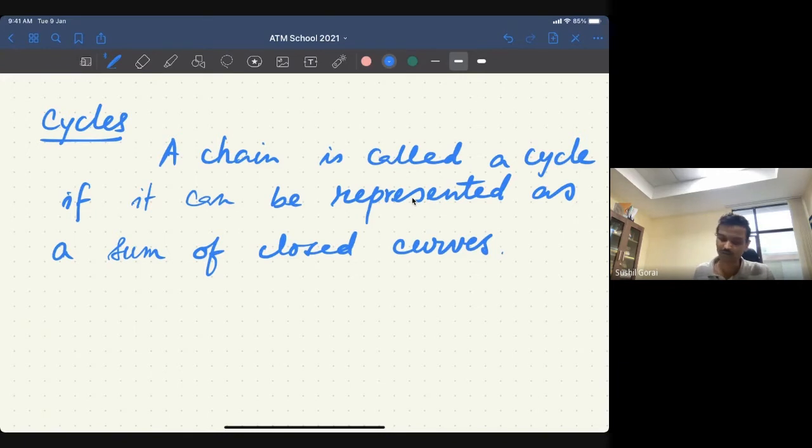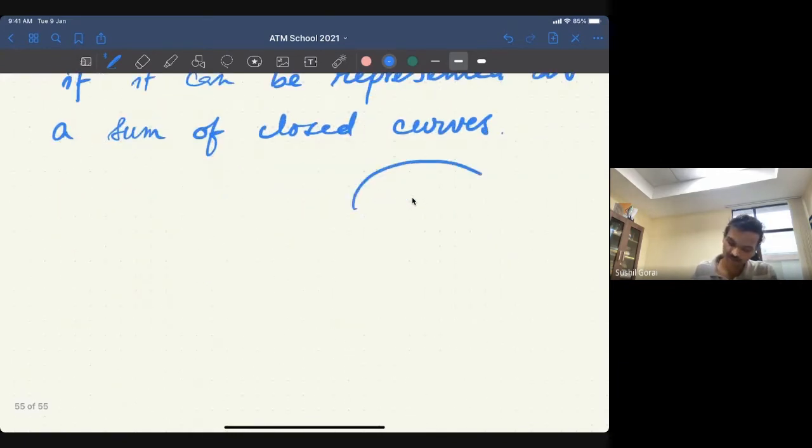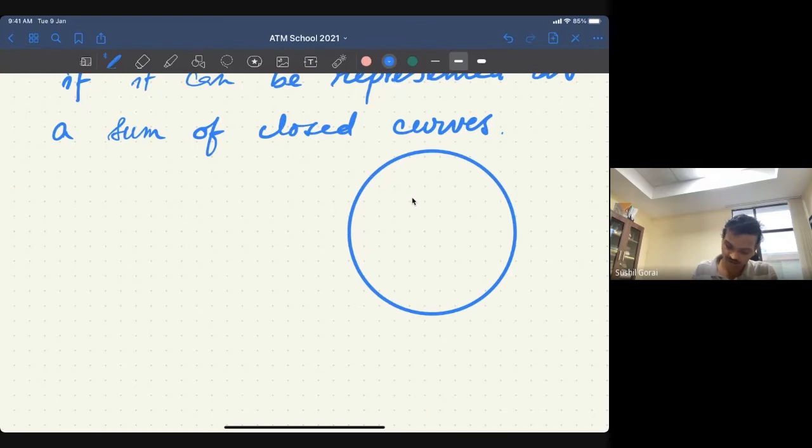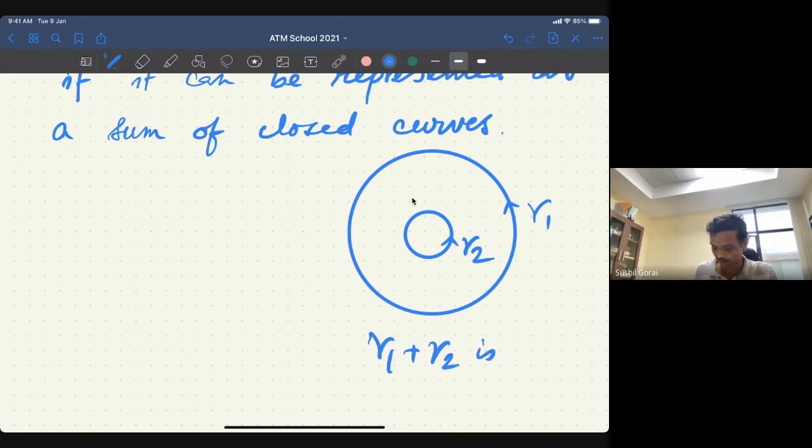If you look at this annular region, the curves are called gamma 1 and gamma 2. This gamma 1 plus gamma 2 is a cycle.